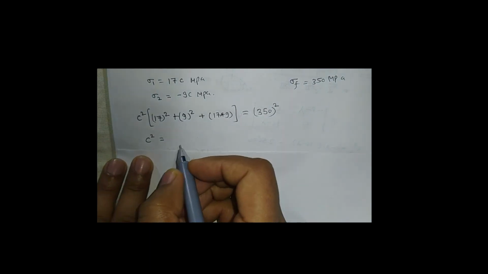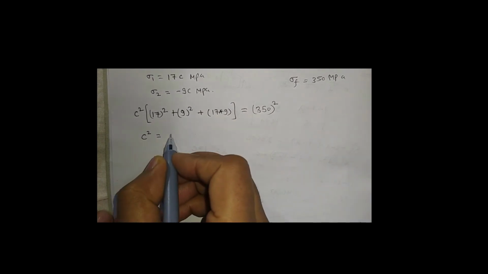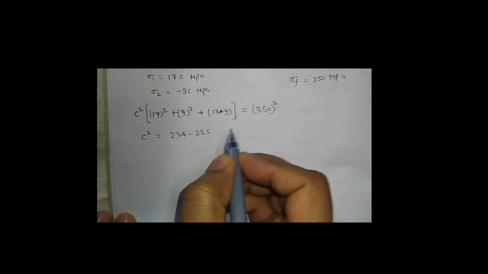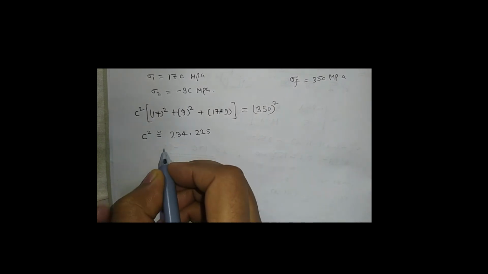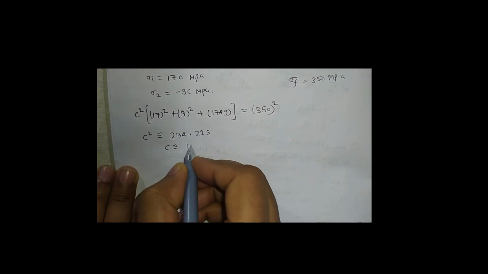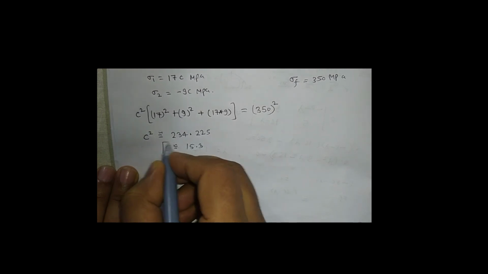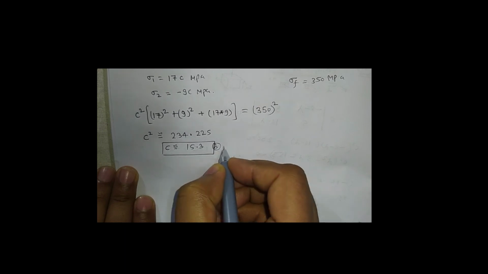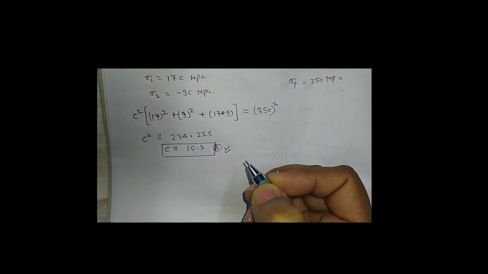After solving this equation, we will get 234.225. Taking the square root, we will get 15.3. Option B is the correct answer.